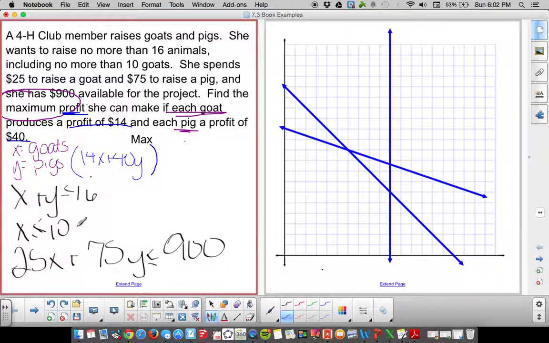So here's my system of inequalities. Now I also know, because she can't have a negative amount of goats and a negative amount of pigs, that I also have the constraints that x and y have to be bigger than or equal to 0.